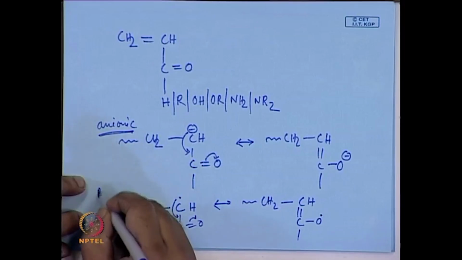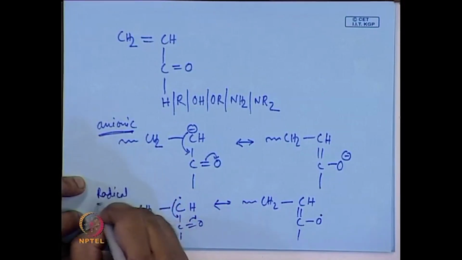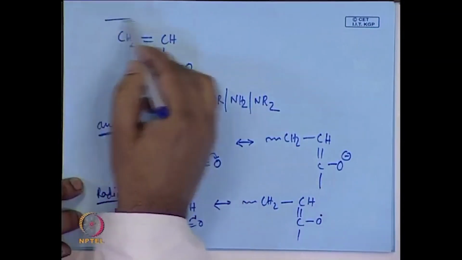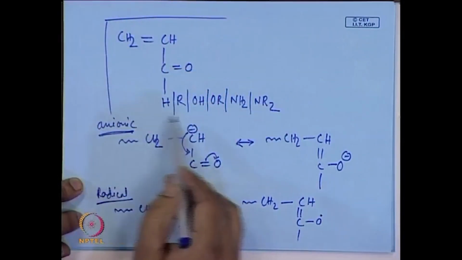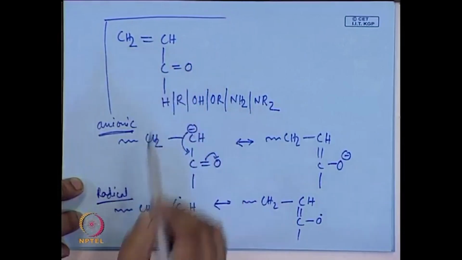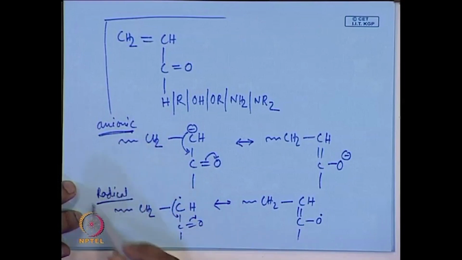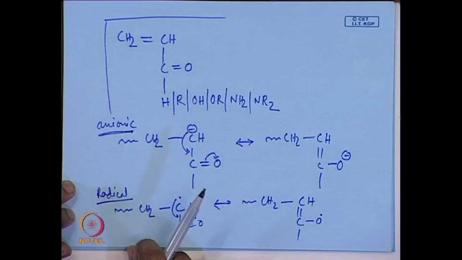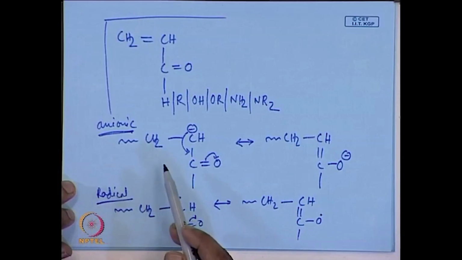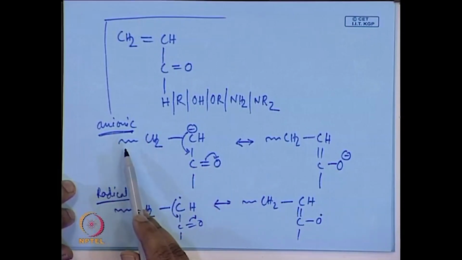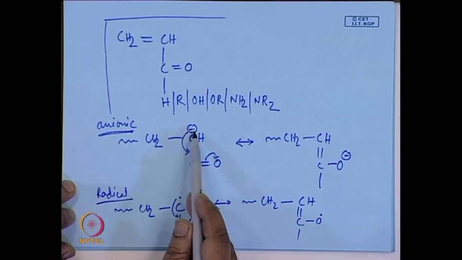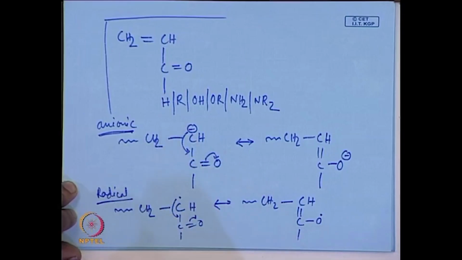So, this type of monomer which contains a carbonyl group can easily undergo anionic polymerization, and can undergo radical polymerization, but like the earlier case, this set of monomers cannot undergo a chain polymerization initiated by a cationic species, because if you have a cationic group here, it will not be stabilized by resonance.